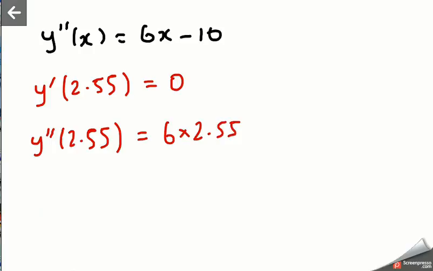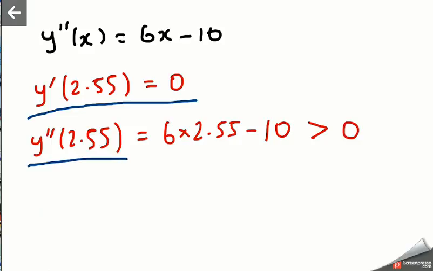Well, 6 times 2 is 12, so 6 times 2.55 is more than 12. And therefore, 6 times 2.55 minus 10 must be bigger than 0. So we got y prime of 2.55 equals 0, and y prime prime, the second derivative of 2.55, is bigger than 0.